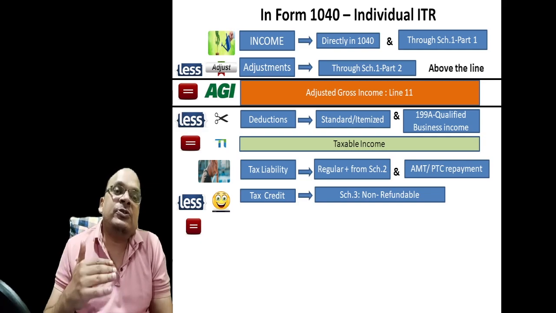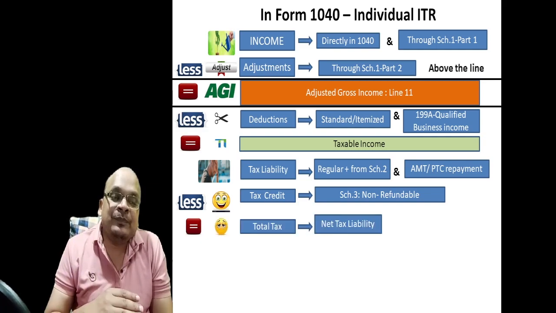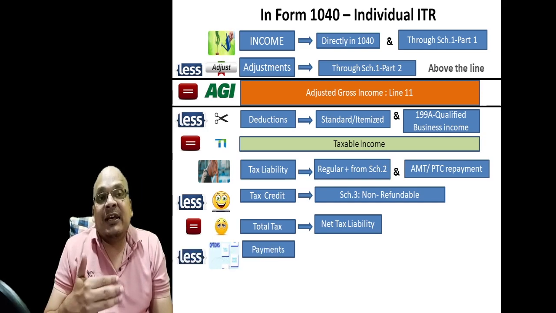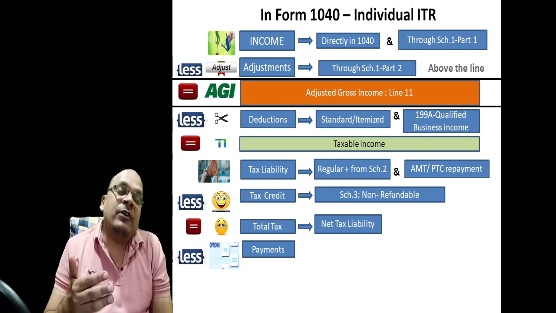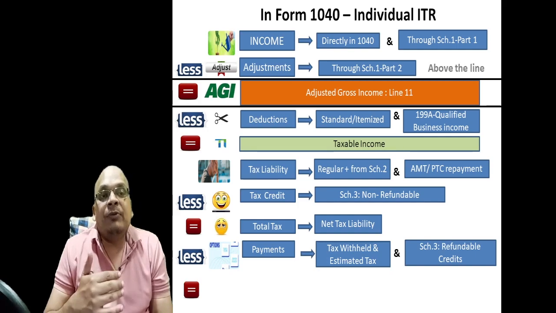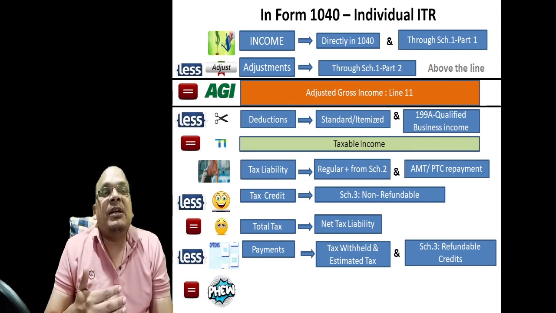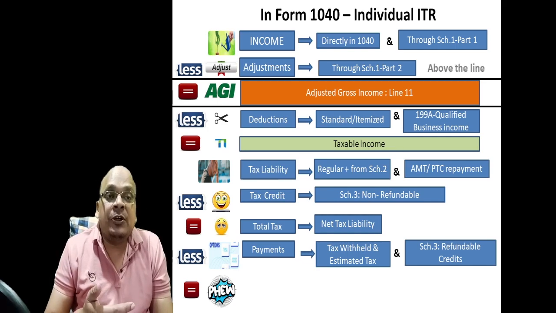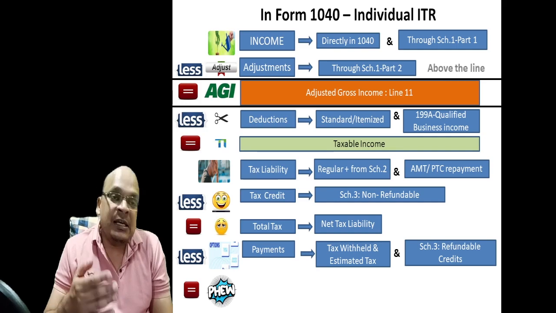And after these credits, what you get is your net tax liability. You compare the payment amount with this net tax liability, and if there is extra tax due or a refund available to the taxpayer, that is shown as the final balance, right? The payments can be in the form of actual payments, that is the taxes withheld, estimated tax, etc., or they can be assumed payments, which are due to the refundable credits provided by the US government.